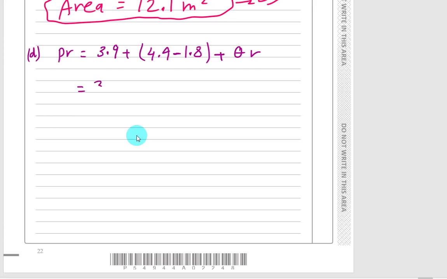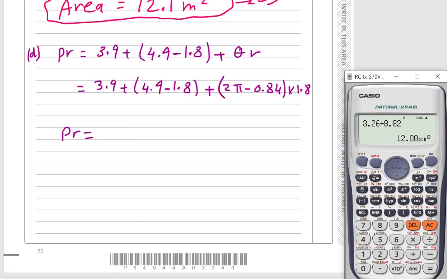So it equals 3.9 plus 4.9 minus 1.8 plus 2 pi minus 0.84 by 1.8.